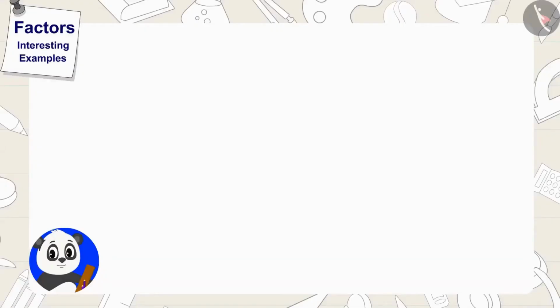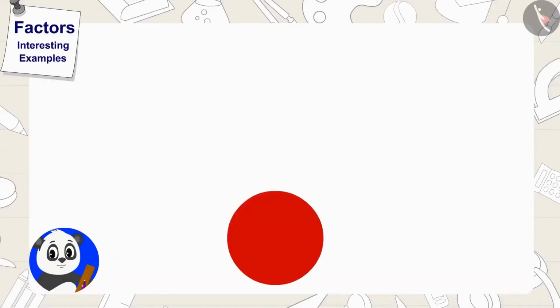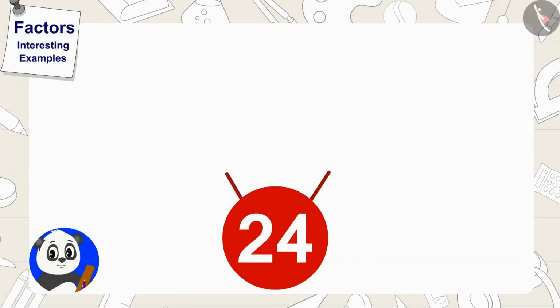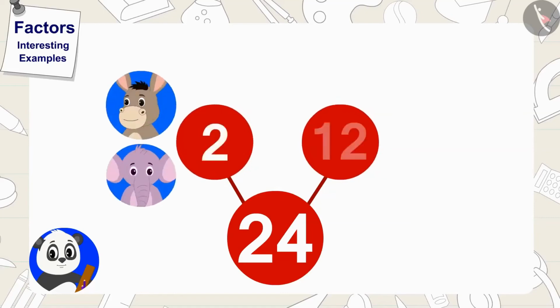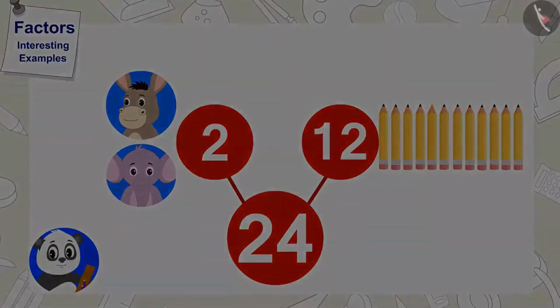He made such a circle on a paper and wrote 24 in it. Then he made two lines on the outside of the circle in this way and two circles on the other end of it. In these circles, he wrote down the numbers 2 and 12.